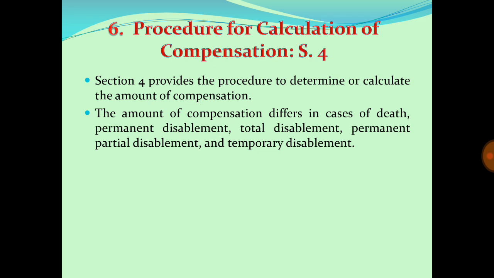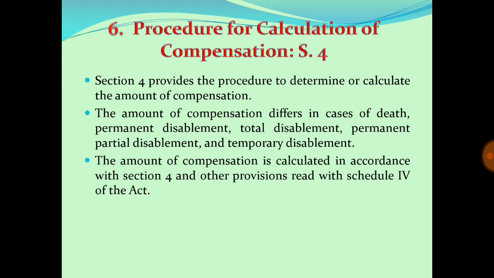So different kinds of compensation shall be given for different disablements and different injuries. Firstly we must see how the amount of compensation shall be calculated, and it will be calculated in accordance with Section 4 and other provisions read with the 4th Schedule of the Act.